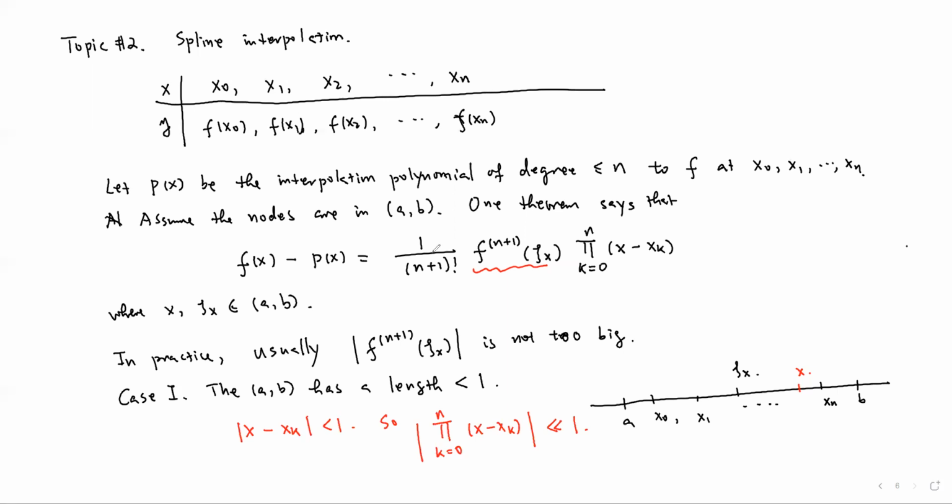Second case, however, when the interval is greater than 1 in length. Case 2. AB has a length greater than 1. In this case, the error may not be small, right?